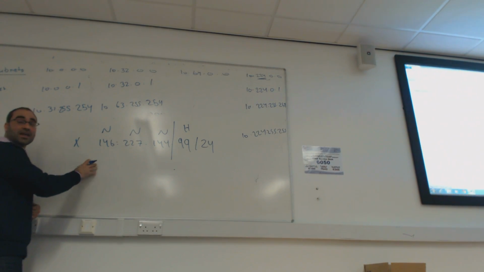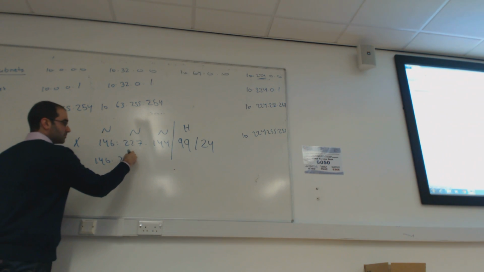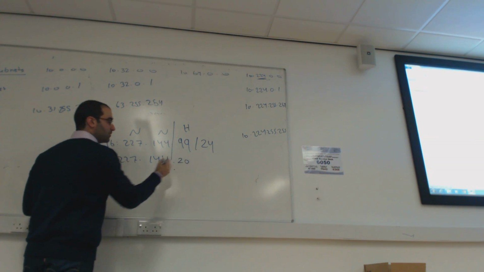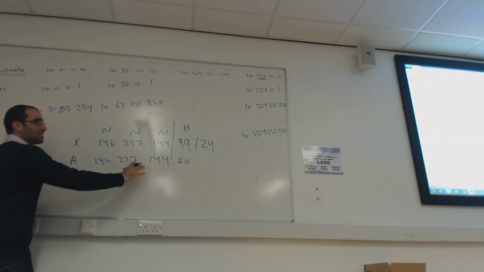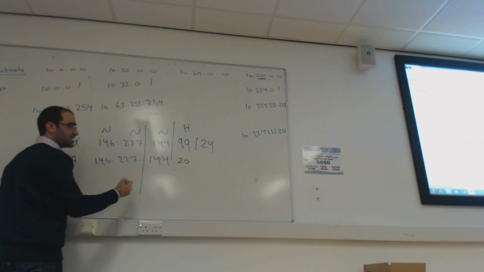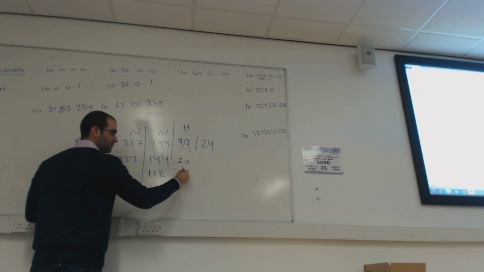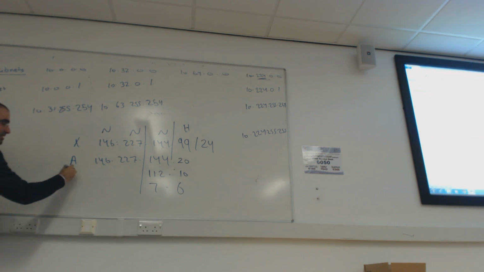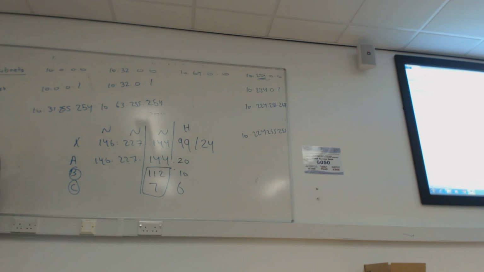Give me A's address: 146.227.144.20. B and C, just give me the portion where it changes: 112.10 and 7.6. What can you see from those B and C? They reside on different subnets because the network portion changes.